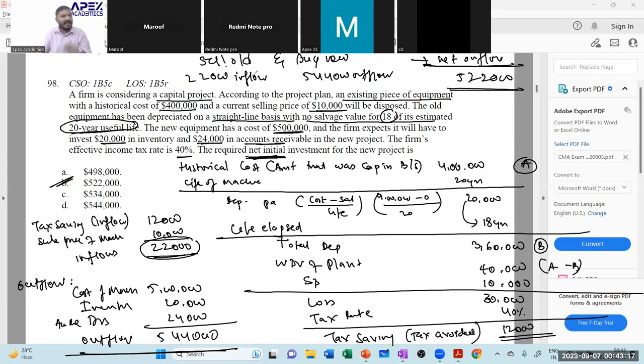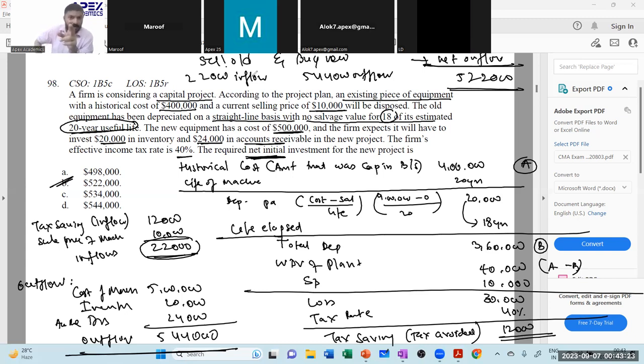But Sir, can you explain this sum 98? Alok, stay on unmute. Yes, sir. What is the cost of the old asset? Historical cost of old asset, $4 lakh. What is the life? 20 years.